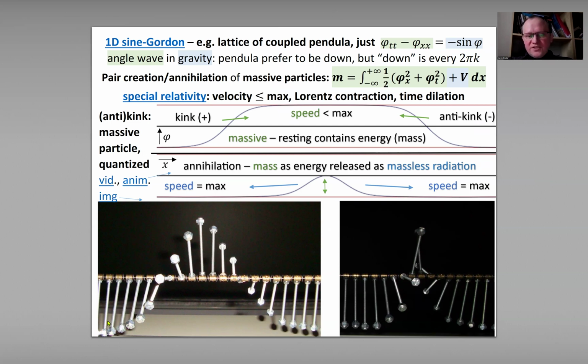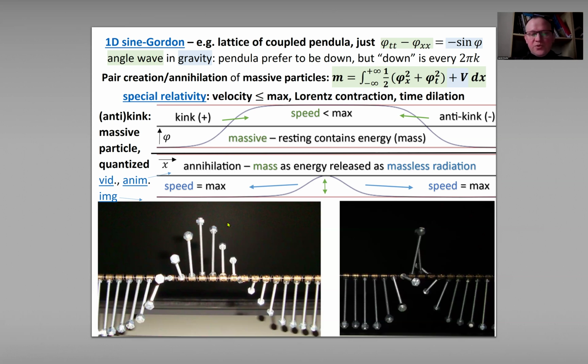However, here we can see that we go from one vacuum of this field, down, by 2 pi to another vacuum, also down, but with a non-trivial constraint: the boundary conditions require this kind of configuration, which should minimize energy. This configuration hides some energy, and to destroy it, we have to meet it with an anti-kink, an anti-particle. So it is an example of a massive particle.